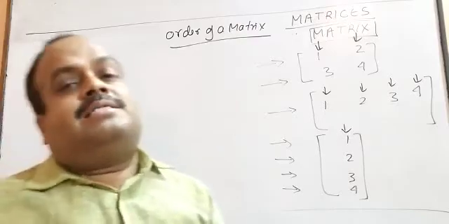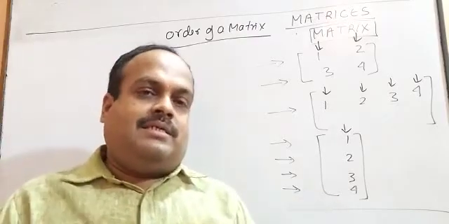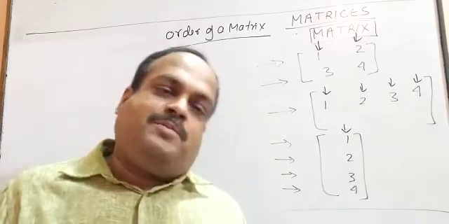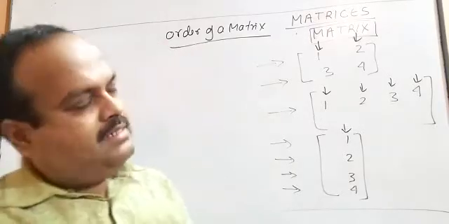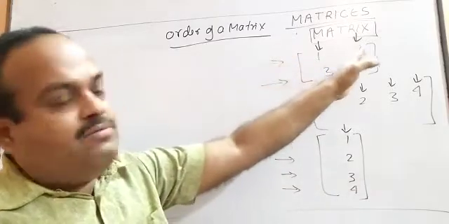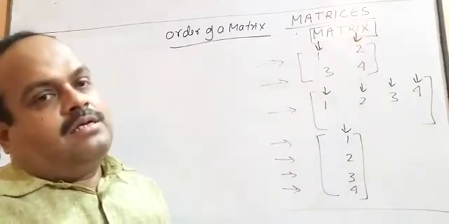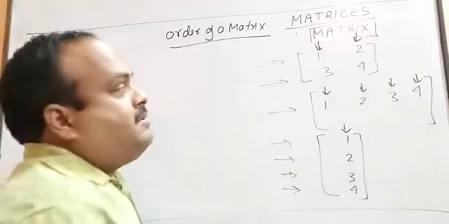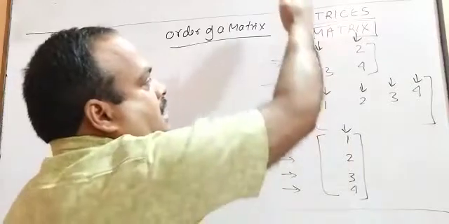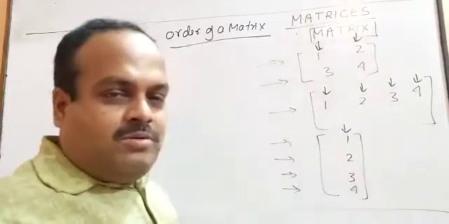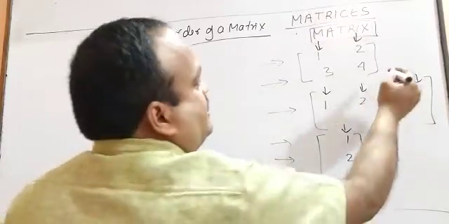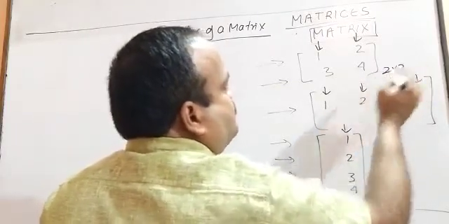Order of a matrix tells us the number of rows and the number of columns present in a matrix. Come to this. In this arrangement, which is a matrix, let us count the number of rows. 2 rows. Count the number of columns. 2 columns. So order of this matrix will be 2 by 2.